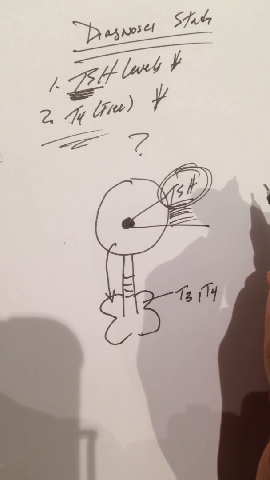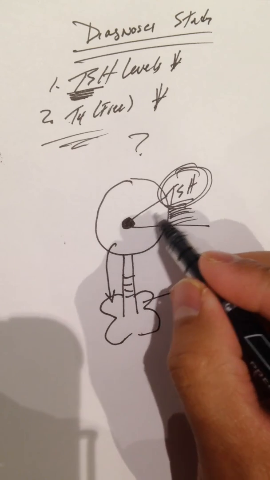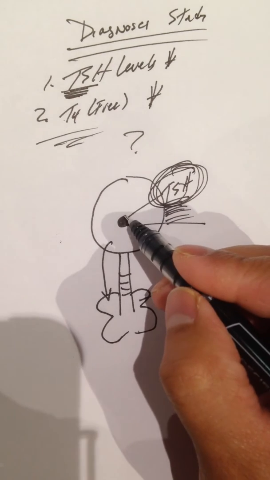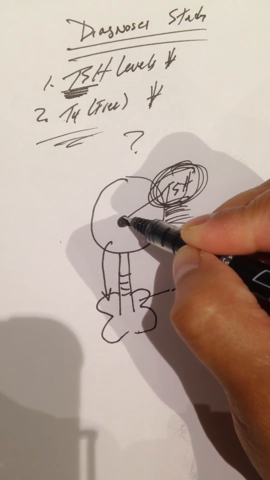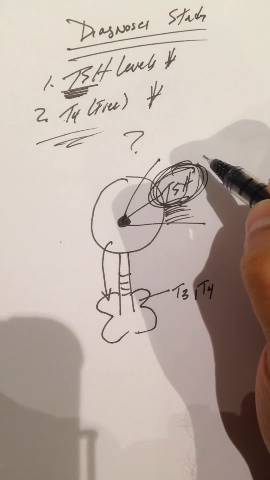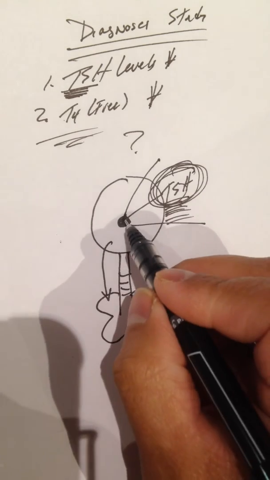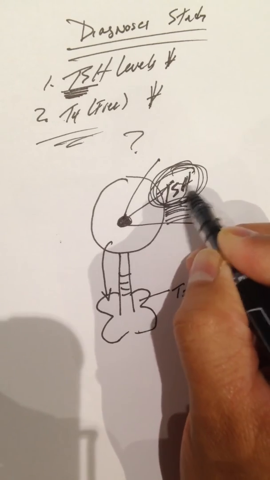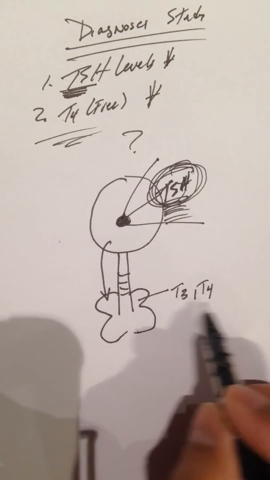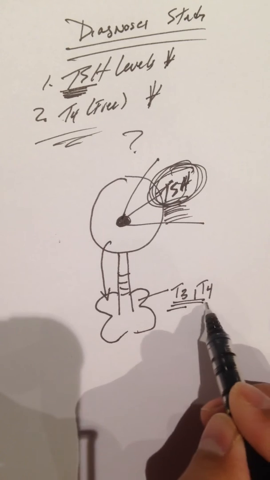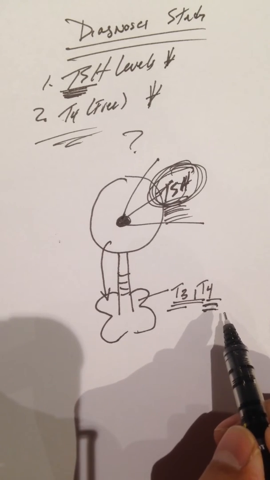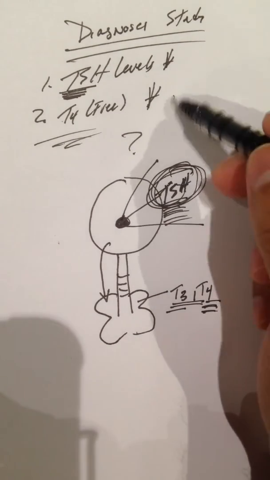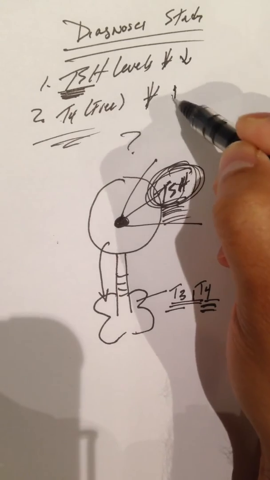Well, if you have no TSH present, that will let the doctor know that it's most likely the pituitary gland that is not working. Because again, if the pituitary gland is not producing TSH, then the thyroid gland will not produce T3 or T4. Okay, so in that case, both of these levels will be down, will be decreased.